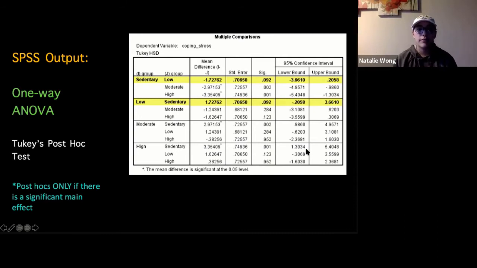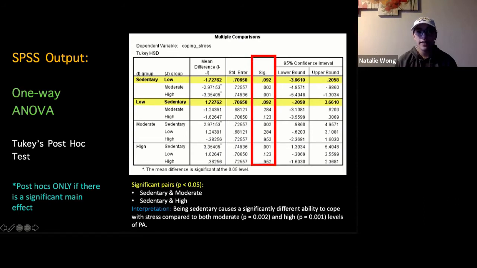From our p-value column, our significant pairs are between the sedentary and moderate groups, as well as the sedentary and the high groups, right? I'm getting that from the p-values being below 0.05 for each of those comparisons.